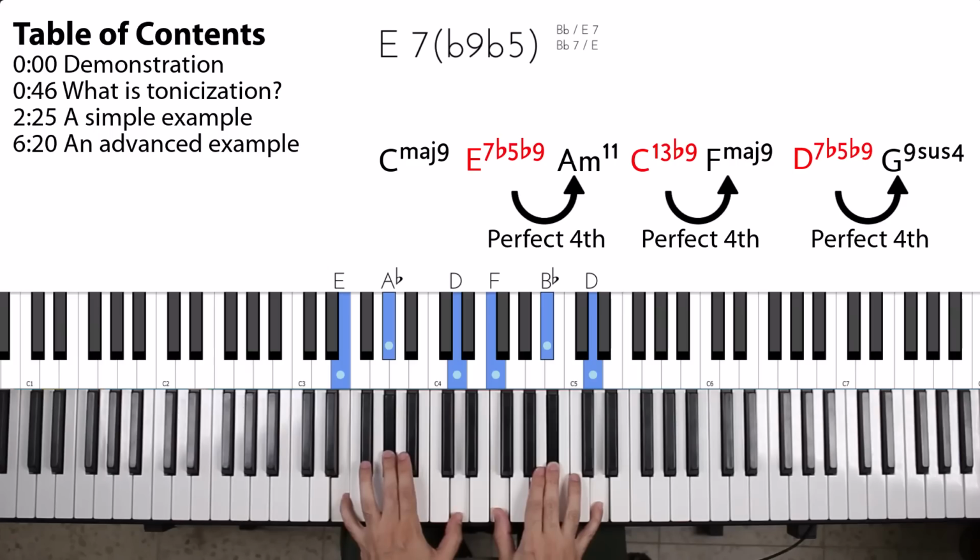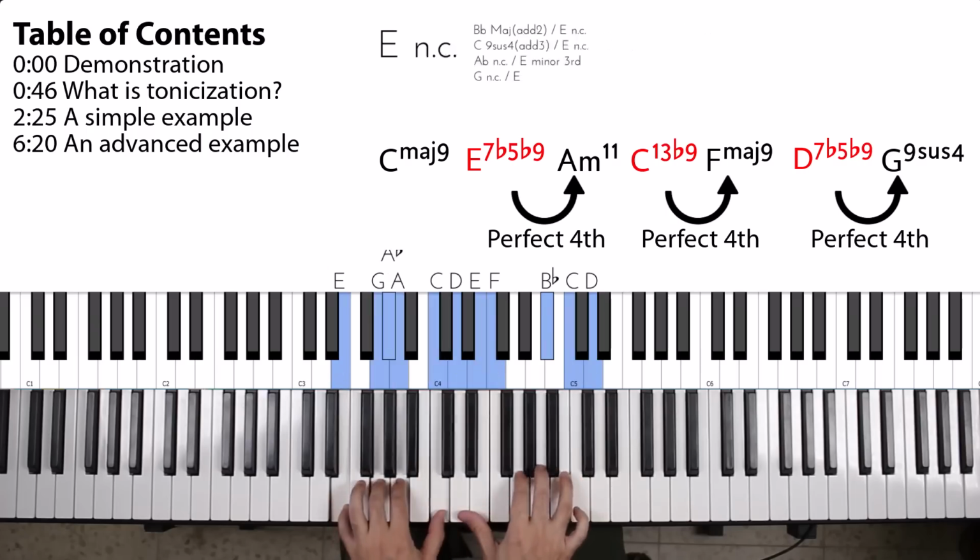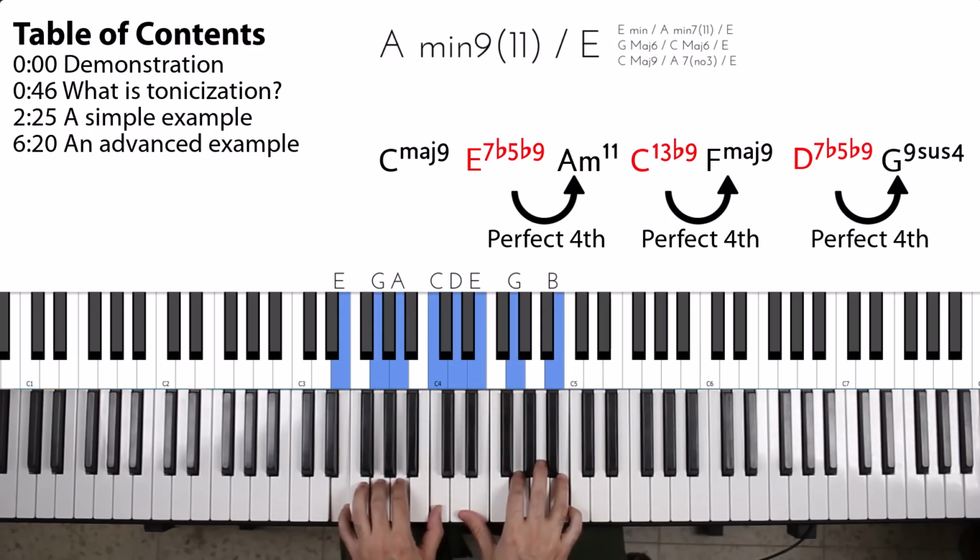This is a tonicization or a secondary dominant of the A minor. I'm using a particular voicing of the E dominant 7, which also has the flat 9 and the flat 5 in it. It's fairly straightforward for you to just learn what it looks like and then copy it for your own playing. This leads into an A minor 11.